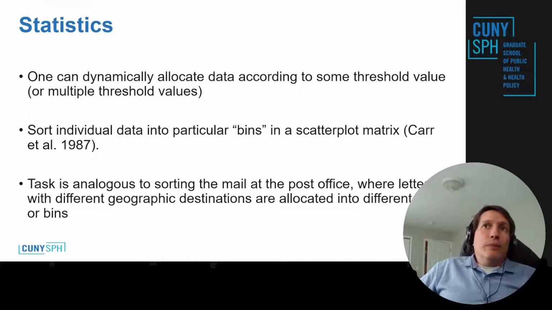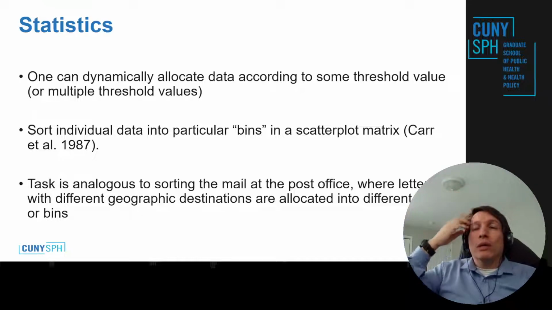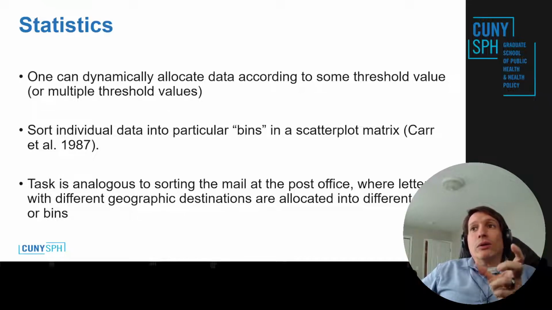Then in geospatial representation, we can have statistics, and remember that these are some of those elements that we have in interactions. We can dynamically allocate data according to some threshold, or we can sort individual data into particular bins or buckets or segments, and then they are going to be represented differently.